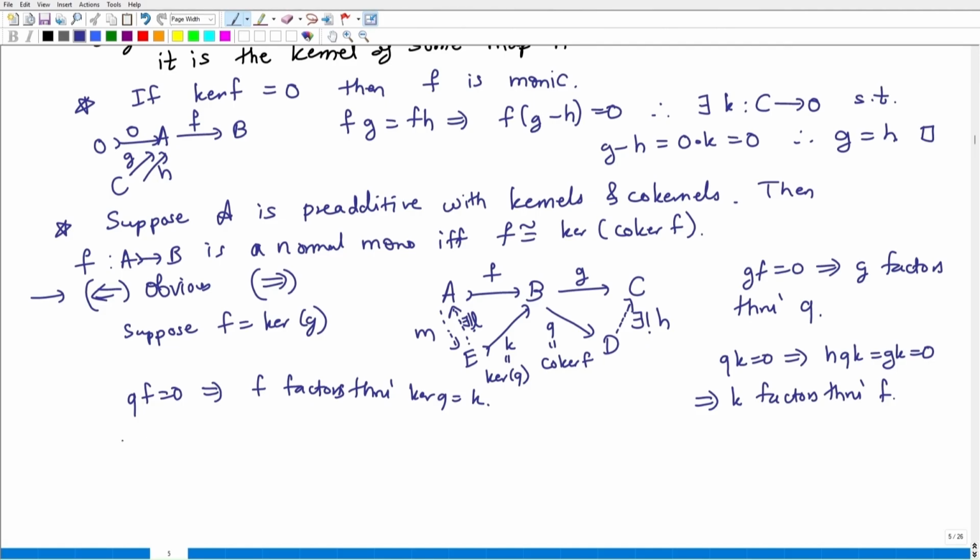So since F and K are monos, M and L are inverses of each other. And we are done.